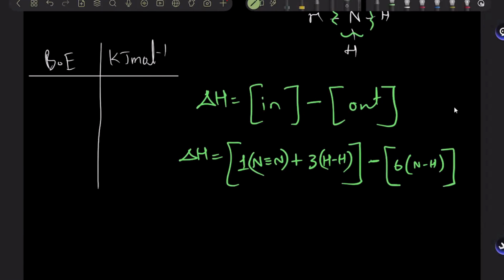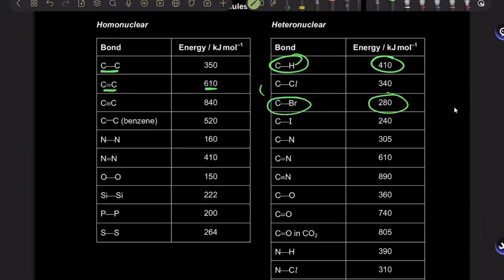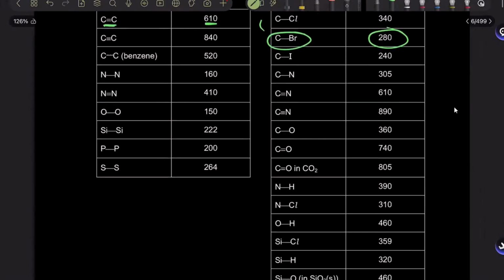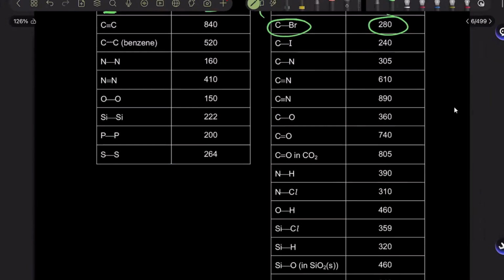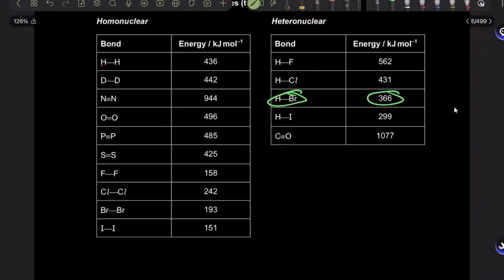Which bond energies do I need from the data booklet? I need the nitrogen-nitrogen triple bond, the hydrogen-hydrogen single bond, and the nitrogen-hydrogen bond energy. So let's look for the nitrogen-nitrogen triple bond. It might be on the other page. So nitrogen-nitrogen triple bond is 944.